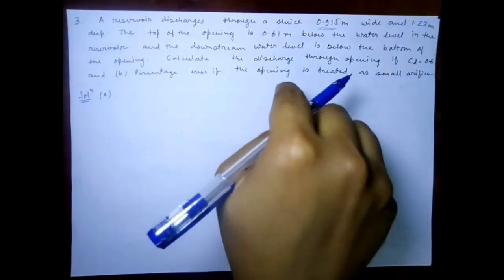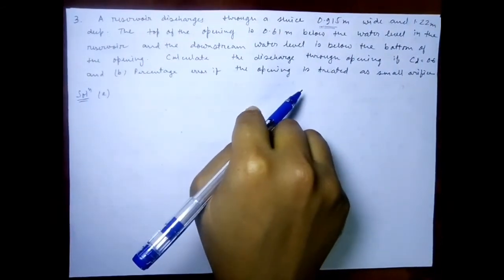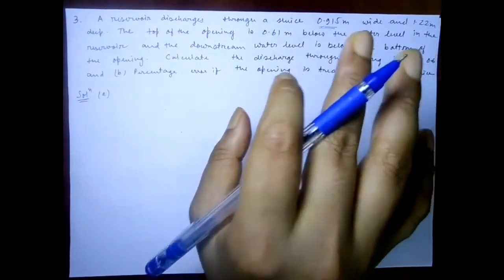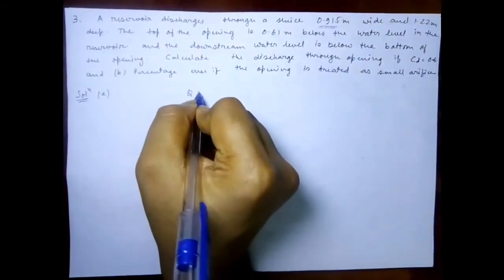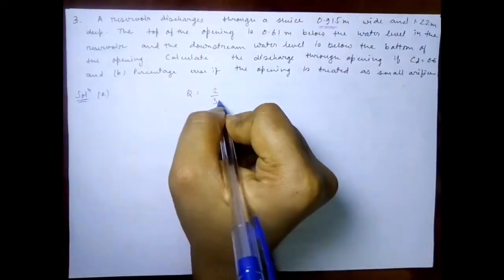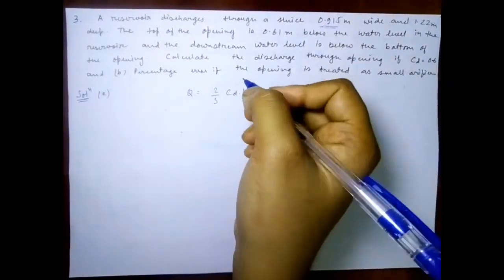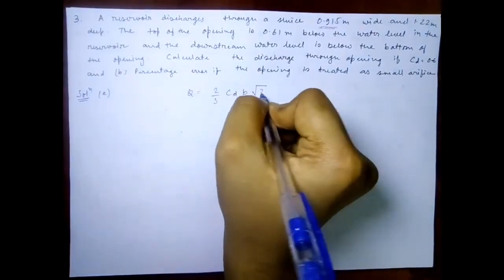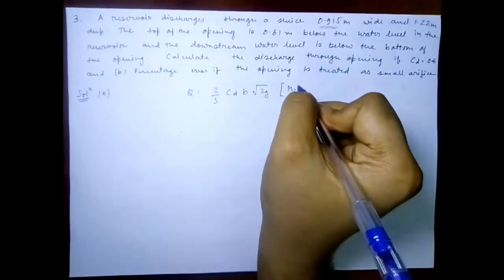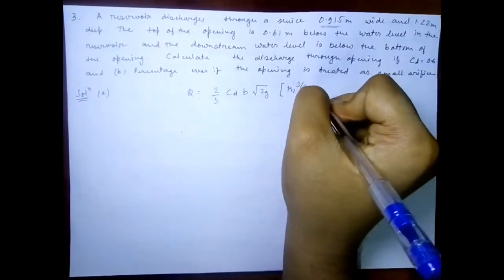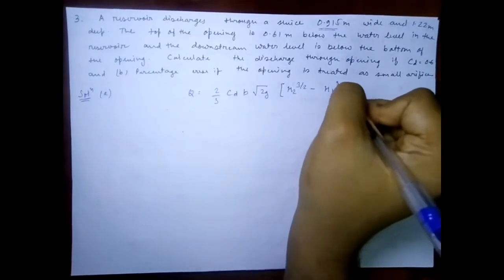It is basically the Q2 part which we are going to solve over here, that is for a free running or free discharge orifice. So the discharge is equal to Q equals 2 by 3 CD times B root 2G times H2 to the power 3 by 2 minus H1 to the power 3 by 2.